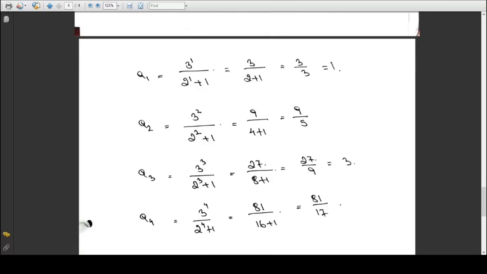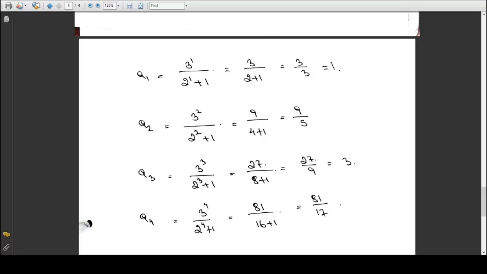And the fourth term, 3 power 4 divided by 2 power 4 plus 1. 3 power 4 is how much? You multiply 3 four times, you will get 81. 2 power 4 means 2 times 2, and again times 2, you will get 16. 16 plus 1 is 17, so you get 81 by 17.